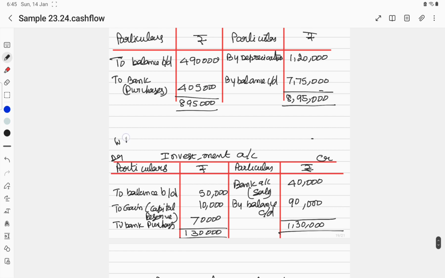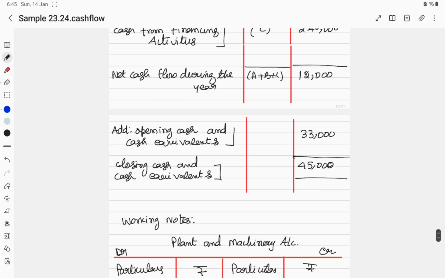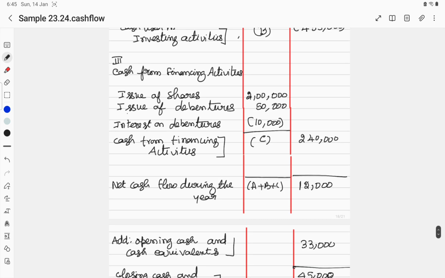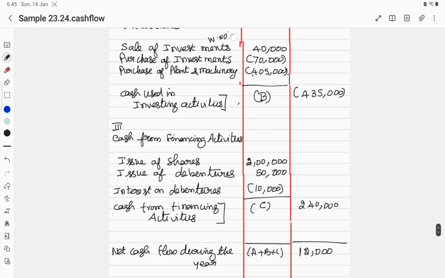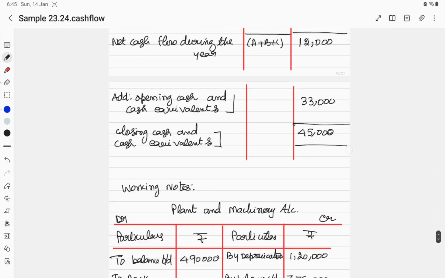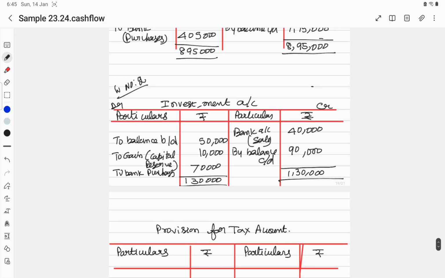Investment account. Working note 2. Investment at the beginning, 50,000 here. Then some investment was sold for 40,000. It gained 10,000, which should be transferred to capital reserve.